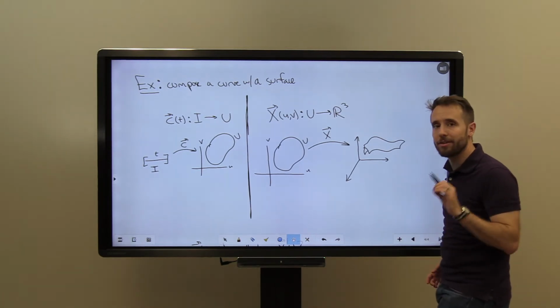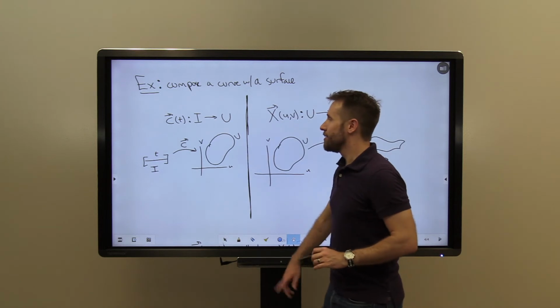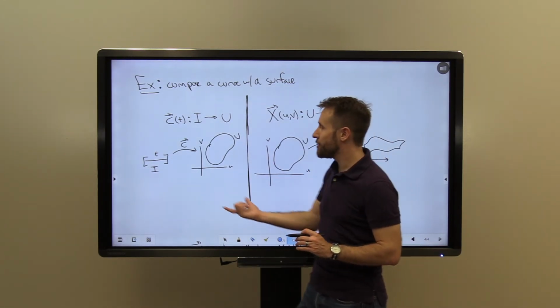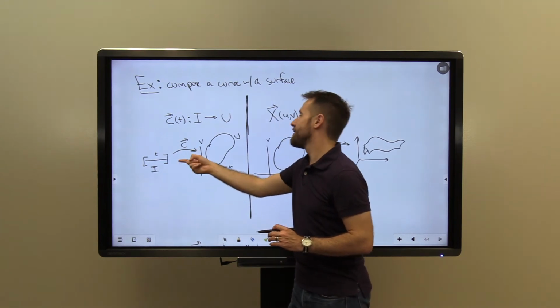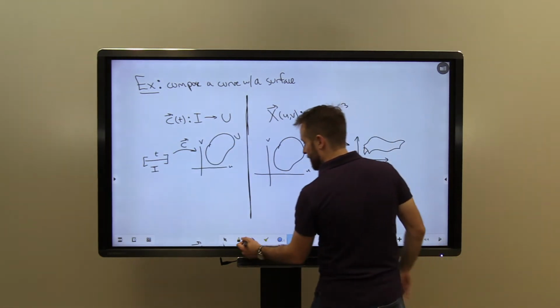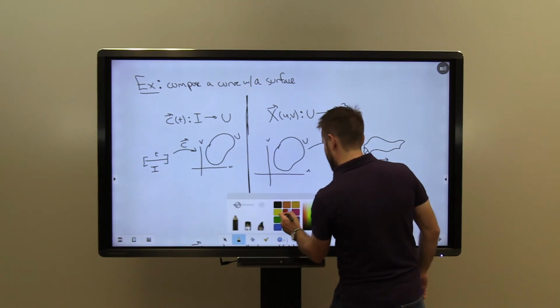In particular, I'm going to first specify that for this composition to work, I need to make sure that the image of my curve actually goes into the set U. So let's say, maybe I should draw this.